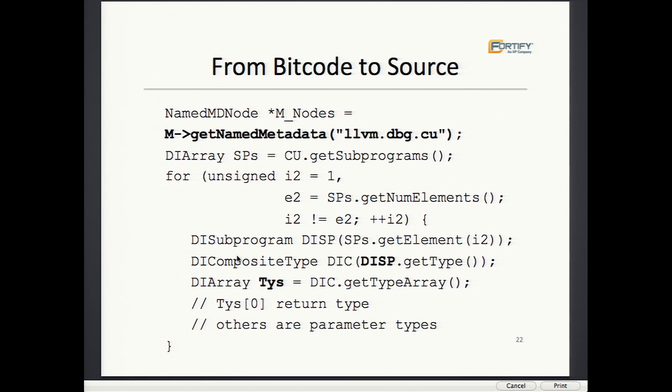For the previous example, for the convert function, we can get the named metadata. From there, we can get the metadata of that function. And from there, we can get the type of that function. And from the type of that function, we can get its return type, which is int, and its parameter type, which is unsigned, so we can restore this information.